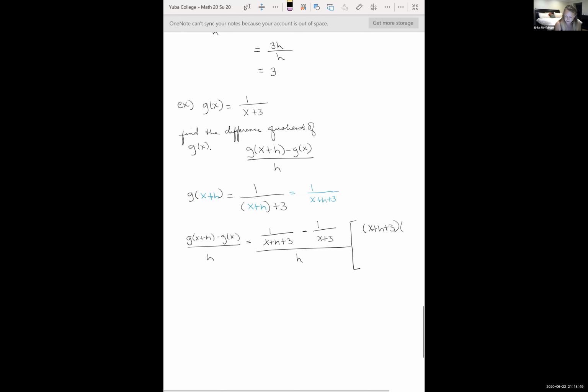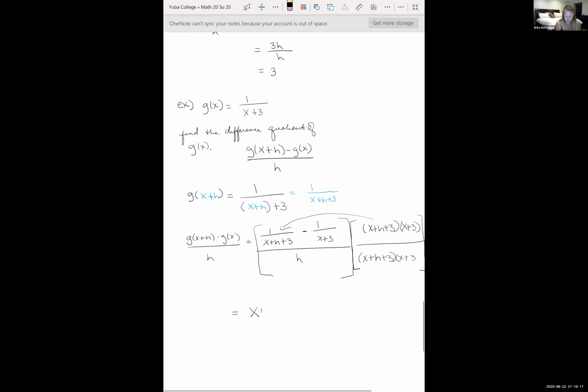Whatever we do to the numerator, we have to do to the denominator. So we just chose something so when we distribute it, those fractions would go away. So if I distribute that, the x plus h plus 3 cancels, and you're just left with an x plus 3.